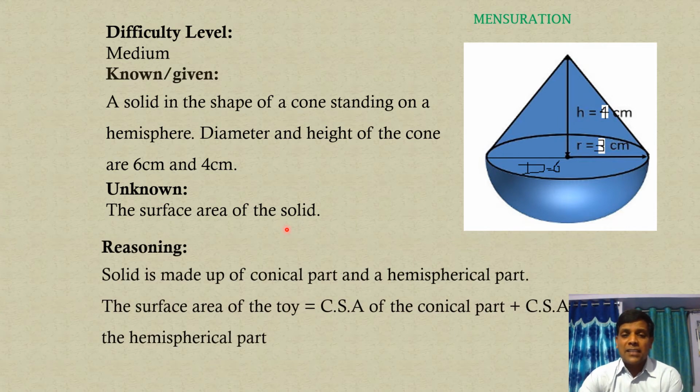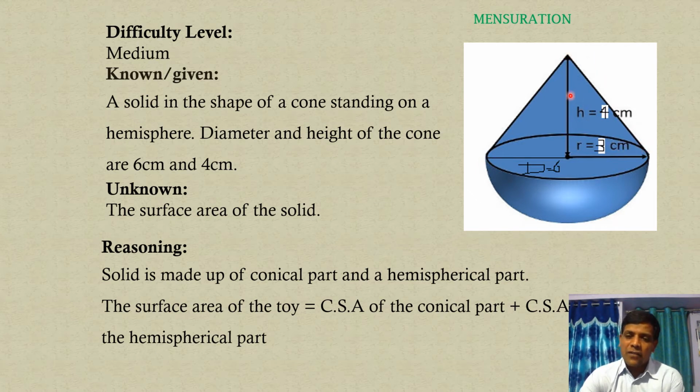Reasoning. Reasoning means which formula is applicable. The solid is made up of a conical part and a hemispherical part. The surface area of the toy, or the surface area of the solid, equals CSA of conical part. This is a complete solid, a combination of two parts, two solids. One is the hemispherical part and another is the conical part.